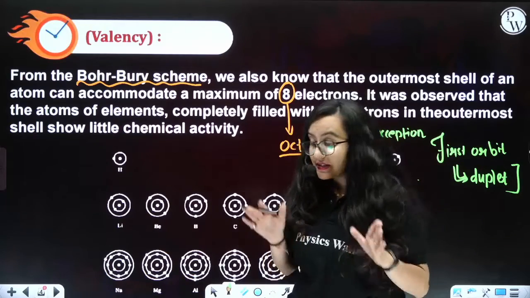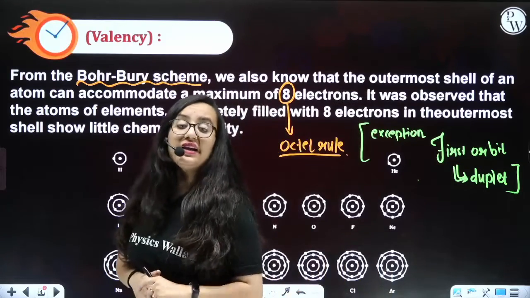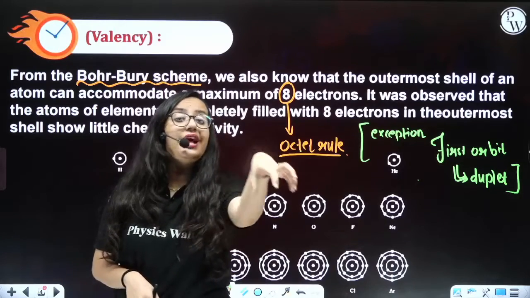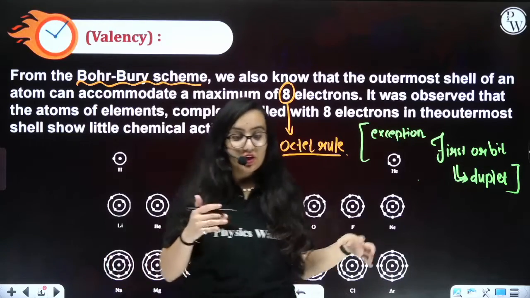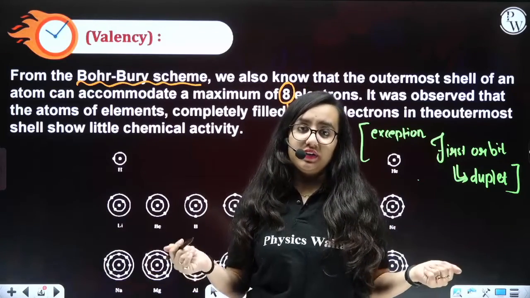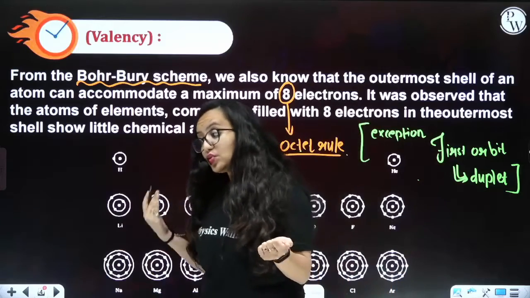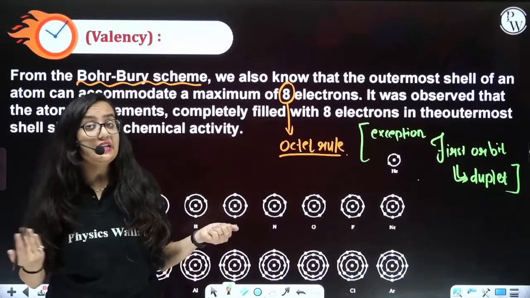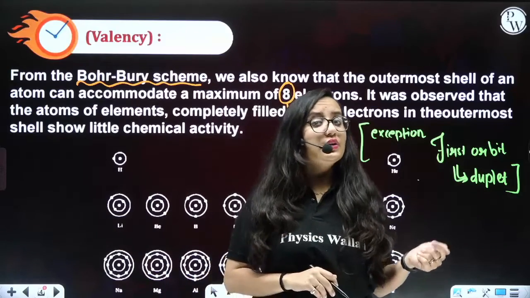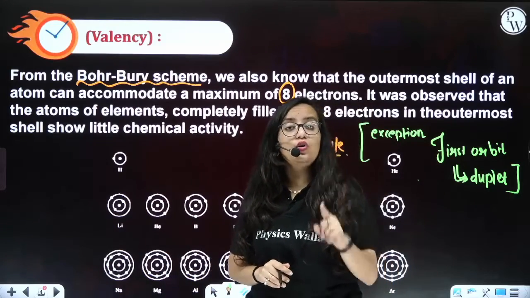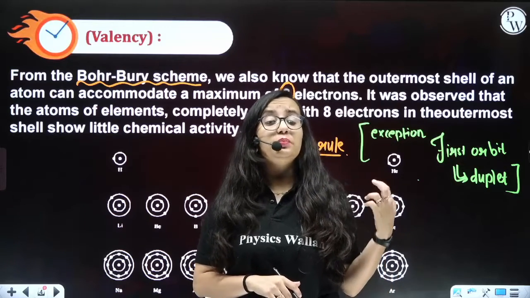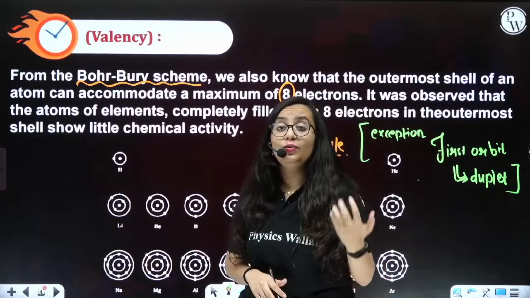It is experimentally found that 8 electrons in the outermost orbit give stability to that atom. So 8 is associated with stability. If an outermost shell contains 8 electrons, then it is stable. Now you can know why helium, neon, argon, krypton, xenon are called noble gases.